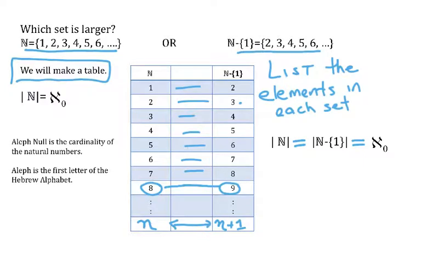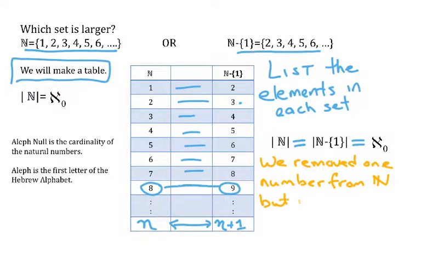So this is interesting. We removed one number from the natural numbers, but it did not change its size.